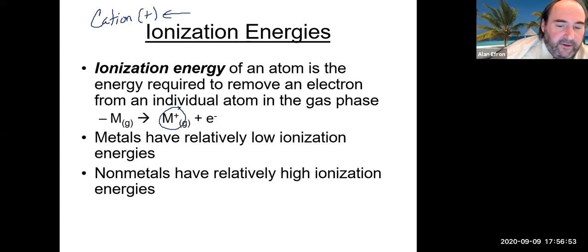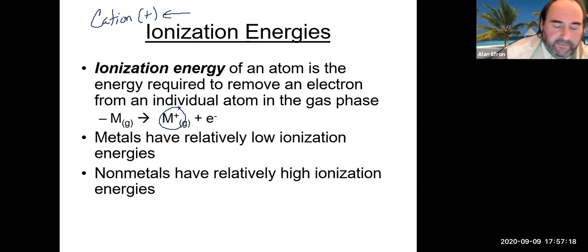And in terms of the periodic table, what we see is metals have low ionization energy, and that's because metals typically make a positive charge and make cations, so it doesn't take a lot of energy to remove electrons. Nonmetals, on the other hand, have usually very high ionization energy because they typically do not lose electrons. They actually typically gain electrons.